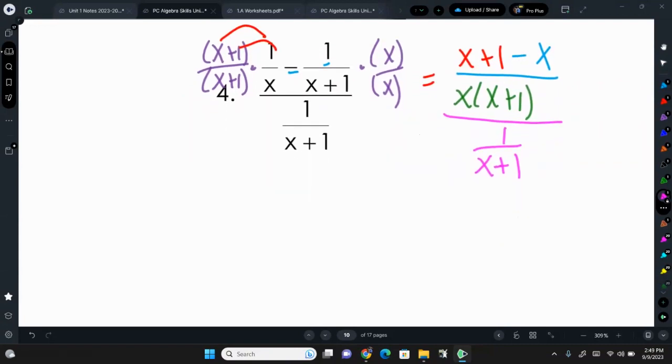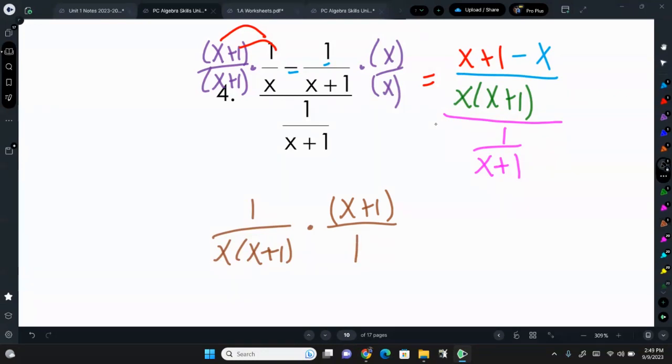So let's clean this up a little bit. Combine like terms, we have x plus 1 minus x, so x minus x is 0. So we have 1 over x times x plus 1 times, we'll flip the second fraction, x plus 1 over 1. Well, again, our x plus 1s will cancel.